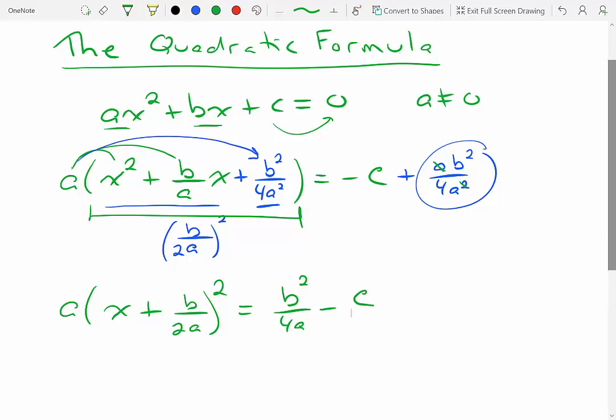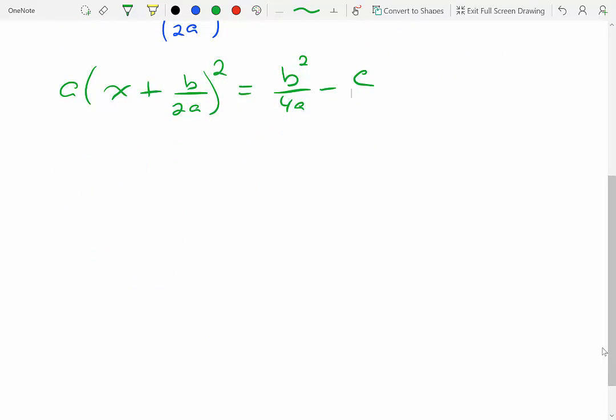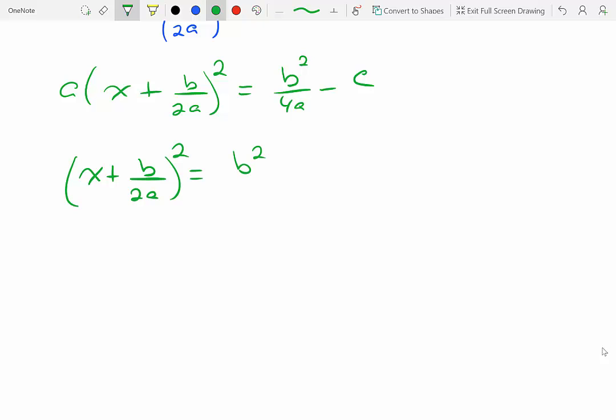Okay, then get a little more space here. I will divide both sides by a to give me x plus b divided by 2a, squared, is equal to b squared divided by 4 times a squared minus c divided by a.